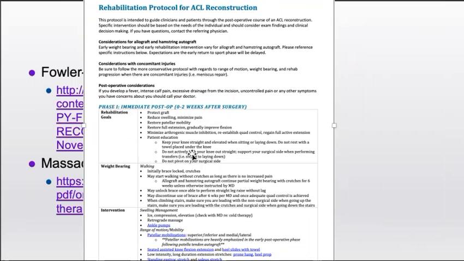They've given you goals. You want to protect the graft, reduce the swelling, restore patellar mobility. I'm not going to go through everything here. Then you want to progress to weight bearing and any sort of interventions that you can use in the clinic using ice, compression, elevation, ankle pumping. You can follow it literally week by week on how you should construct your rehab for these sorts of injuries.